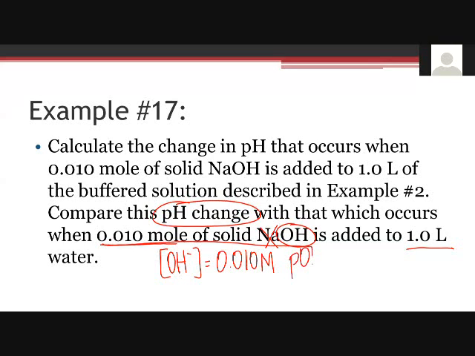So when we take the negative log of this number, that doesn't equal pH yet. That's just going to be pOH. So when you take the negative log of that, what do you get? 2?